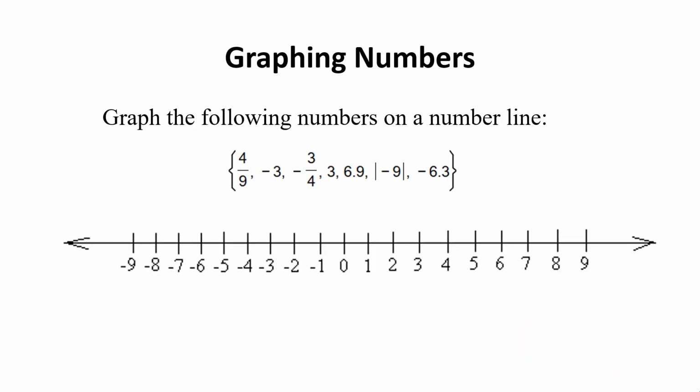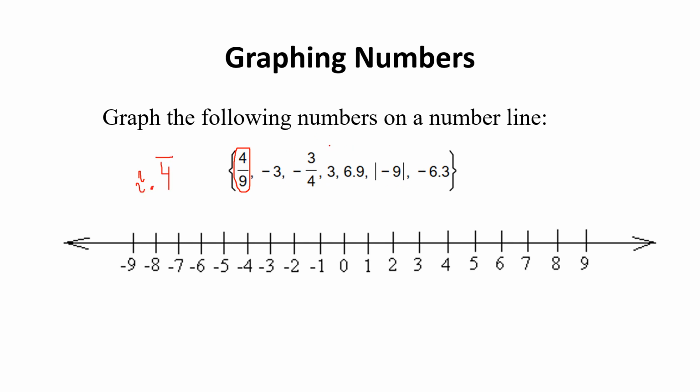Let's graph the location of these numbers on a number line. So our first step is we want to convert everything to decimals. So here we have a fraction 4/9. If we take 4 and divide it by 9, we get 0.4 repeating.